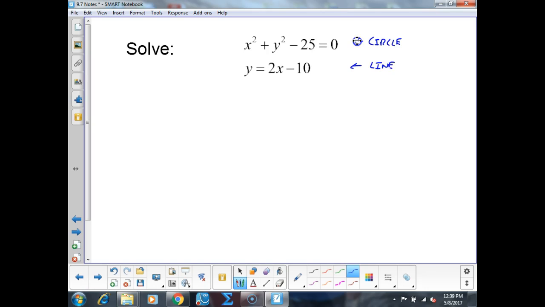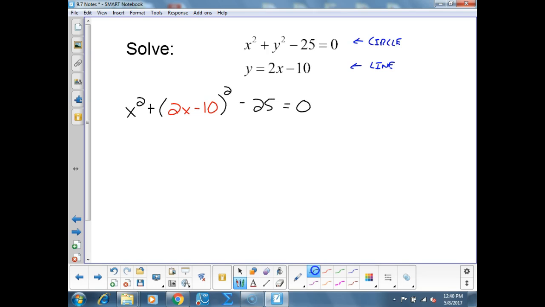Okay? So, already solved for y, correct? So then let's go x squared plus 2x minus 10 quantity squared minus 25 equals 0.